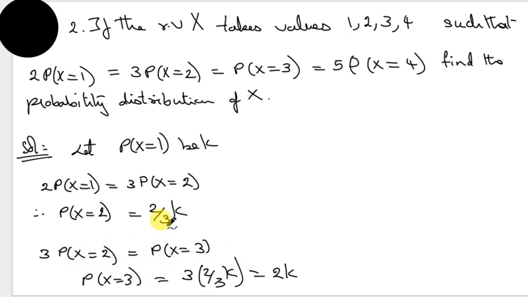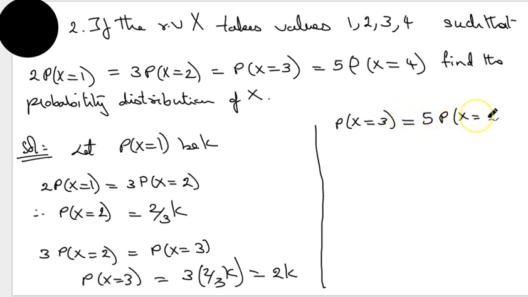Then I have to find the next value. P of x equal to 3 is 5 times P of x equal to 4. Therefore, P of x equal to 4 is 1 by 5 times P of x equal to 3.